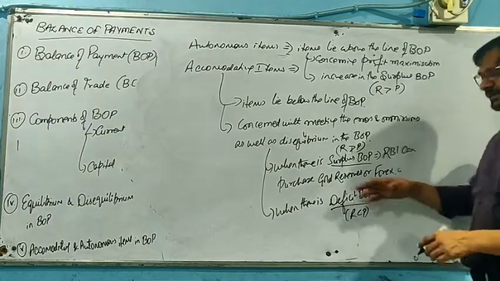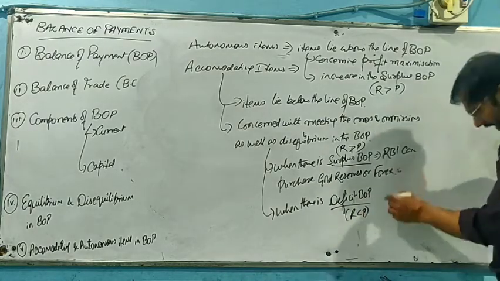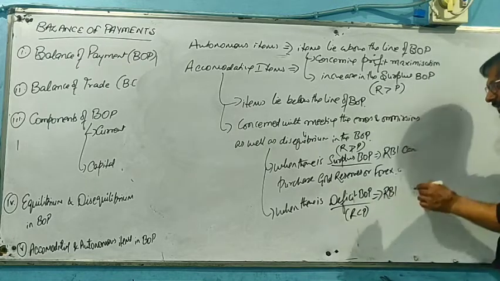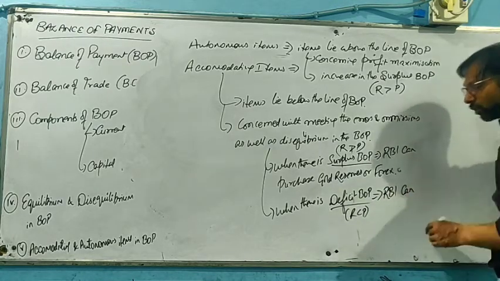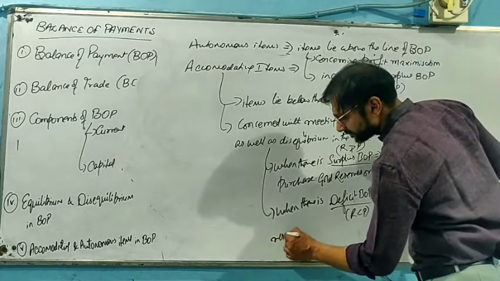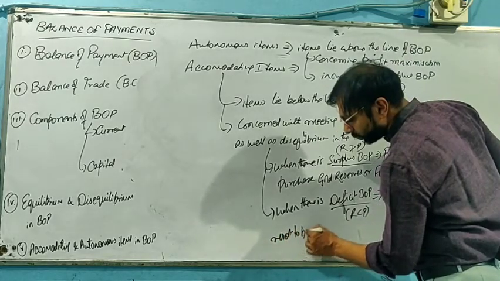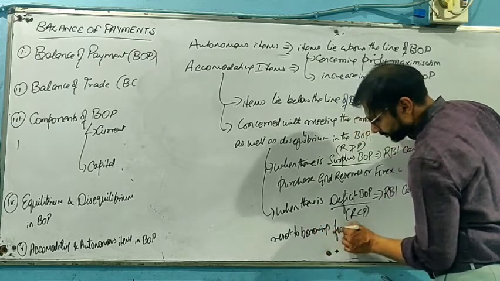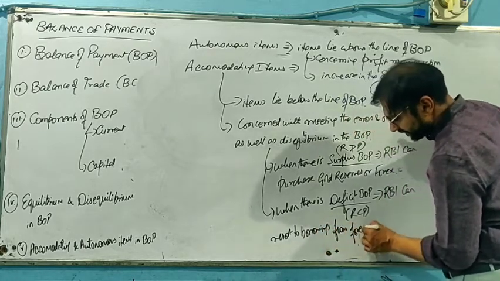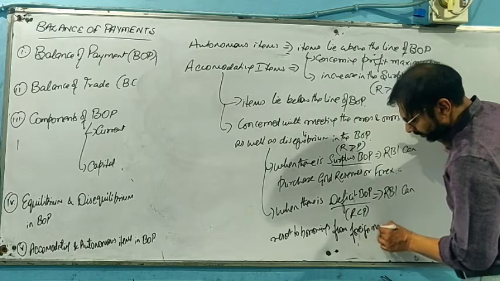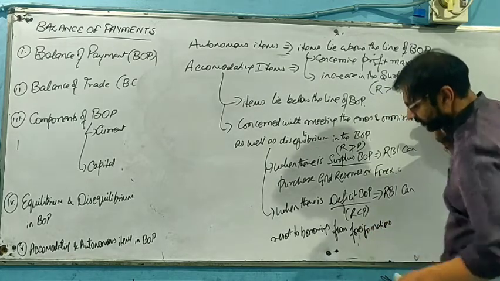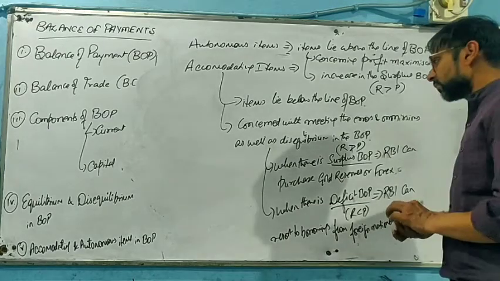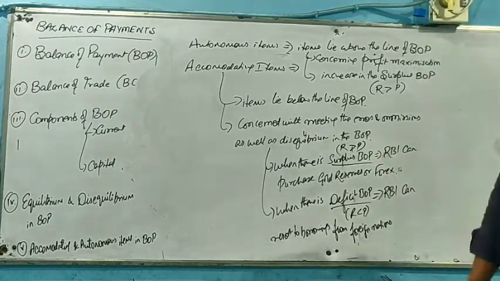So in case where there is a deficit in the balance of payment, the RBI or monetary authorities of a country can resort to borrowings from foreign nations or IMF or World Bank in order to facilitate the equalization of equilibrium balance.